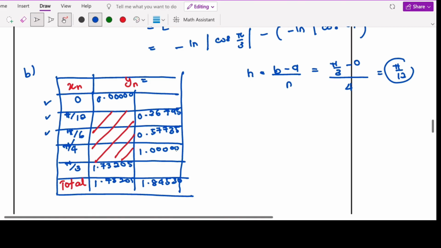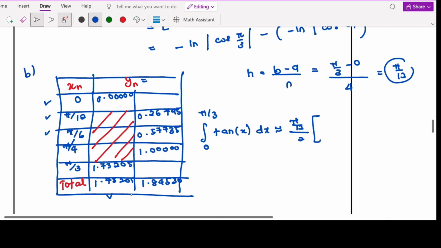Now you just need to put everything into the formula. The integral from 0 to pi over 3 of tan x dx is approximately equal to the sum of trapezium. The formula is h over 2, so your h is pi over 12, over 2.